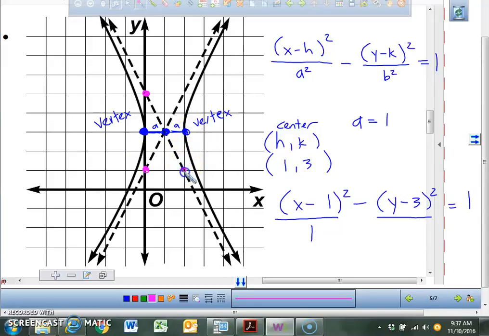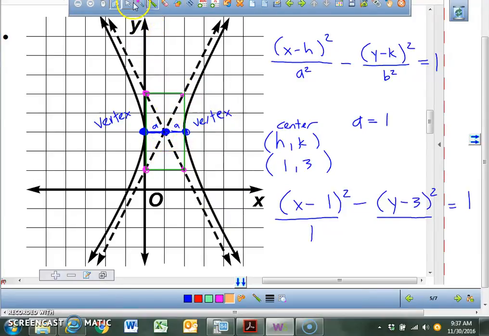Now that allows you to build the rectangle where your asymptotes go. So there's our rectangular box right here where the asymptotes cross through the exact center.